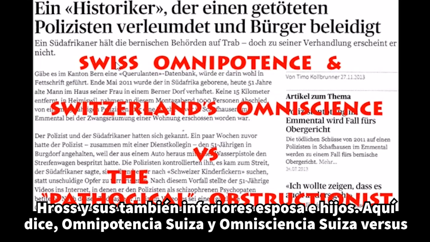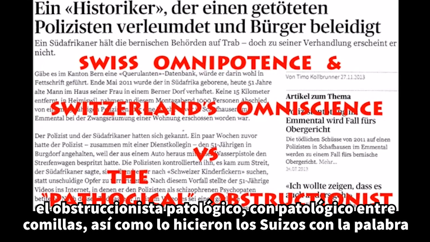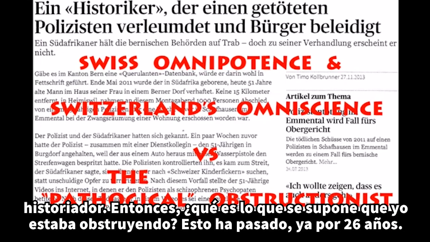And here it says Swiss omnipotence and Switzerland's omniscience versus the pathological obstructionist, with pathological in between quotation marks, just as the Swissy did with the word historian.